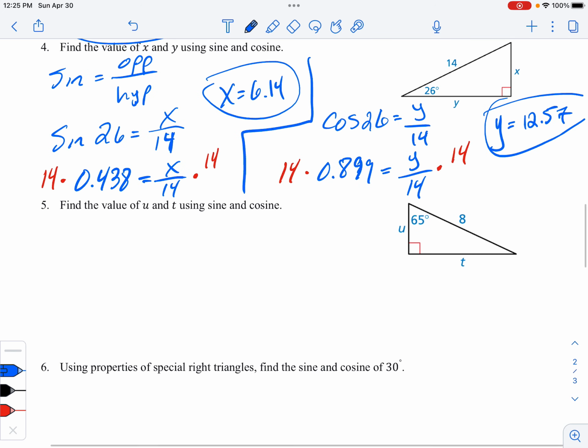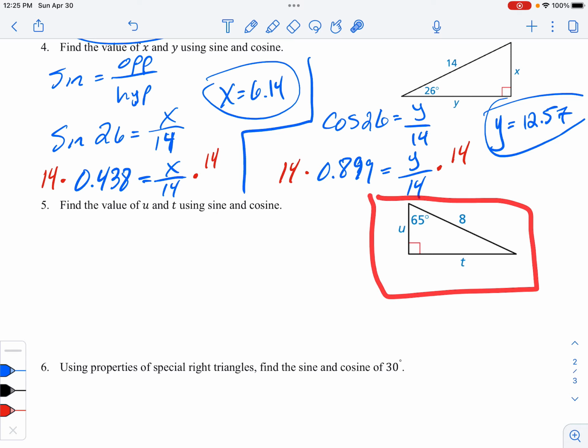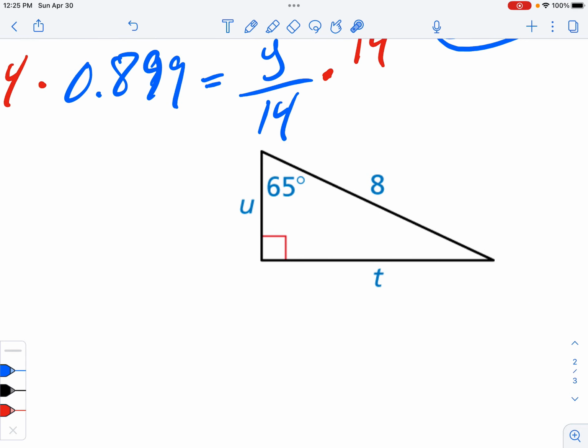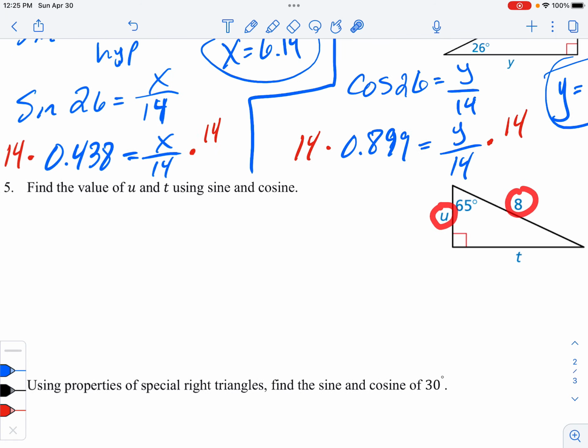Okay, so if I'm looking for u and t, so now I'm moving down to number 5. I'm looking at this model, looking for u and t. Doesn't matter, again, which one I do first. I'll just do u first. So angle 65, u is my adjacent side, 8 is my hypotenuse.